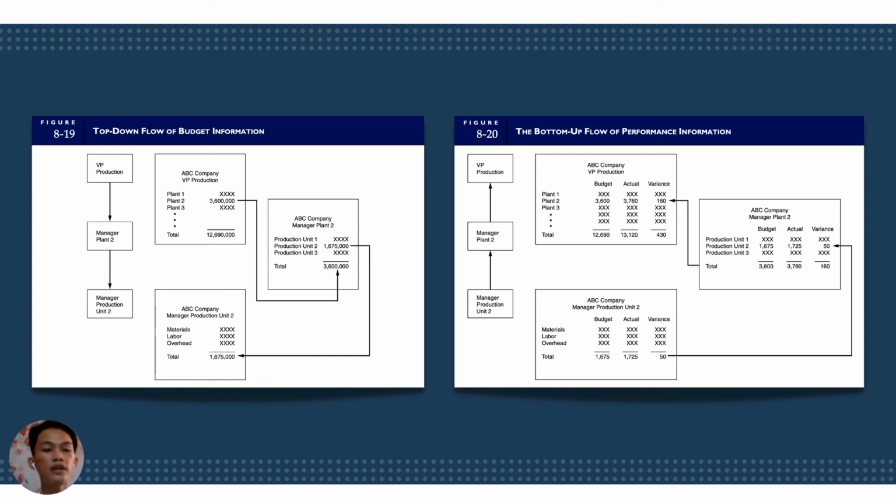So, example here, the vice president of production, the manager of plant 1 or plant 2 rather, and then the manager of production unit 2.